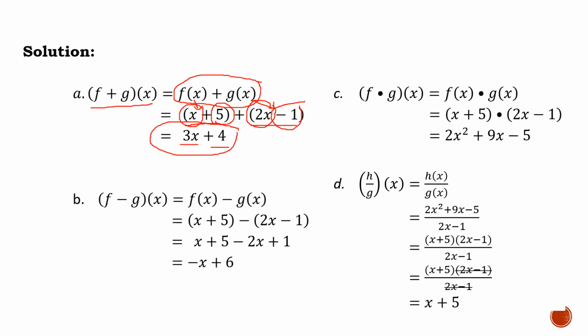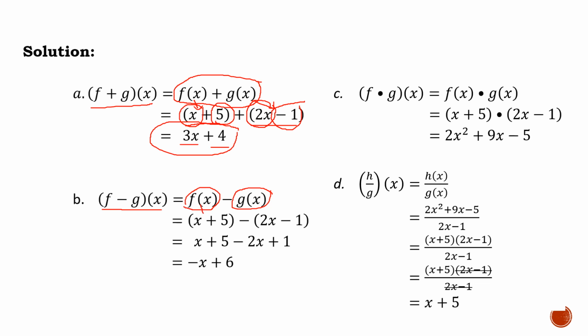Going to the next function, your f minus g of x is equal to your f of x minus your g of x. So again, we just simply copy the value of your f of x here and your g of x here.